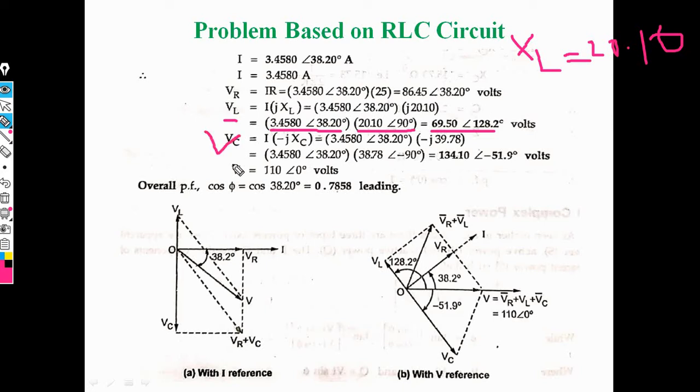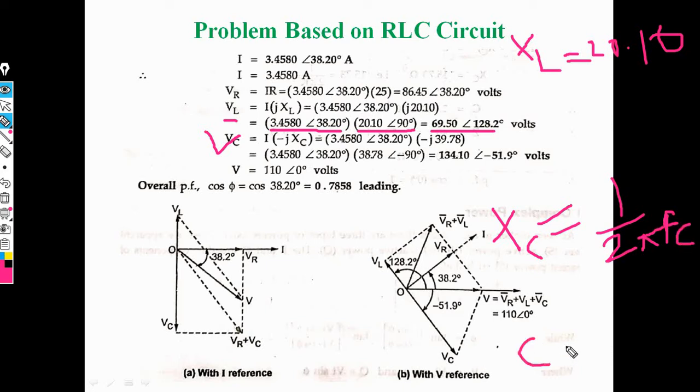This voltage across capacitor VC is equal to I into minus jXC. Here we are taking minus jXC because XC, the value of capacitive reactance, is equal to 1 upon 2 pi fC.